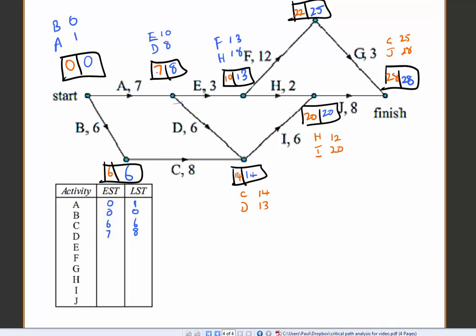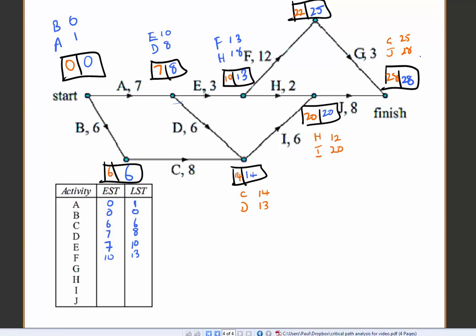E, earliest start time is 7, latest start time 13 take 3 is 10. That sounds right. Okay, F, earliest start time of 10, LST 25 take away 12, 13, slack time of 3.